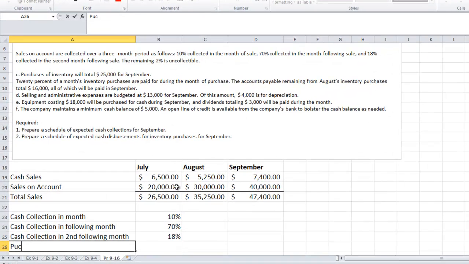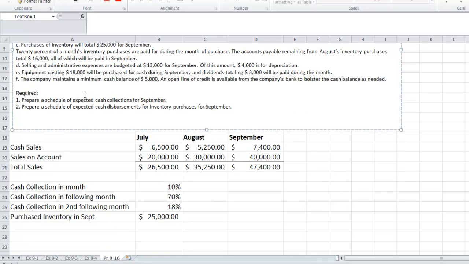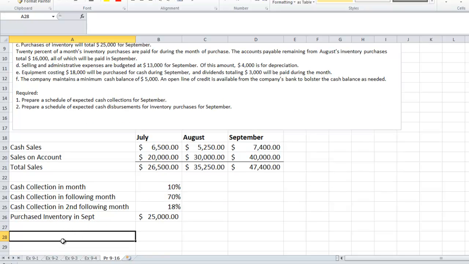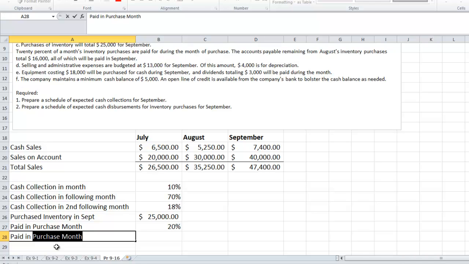We have purchase inventory in September of 25,000. 20% of the month's inventory purchases are paid in the month that you purchase them, and the rest is paid in the month following the purchase.